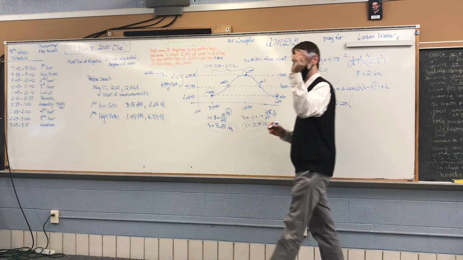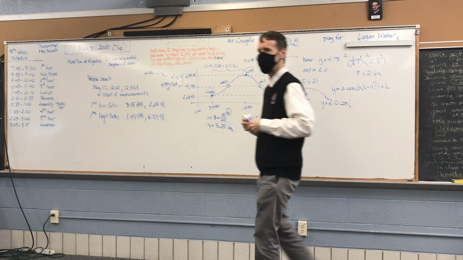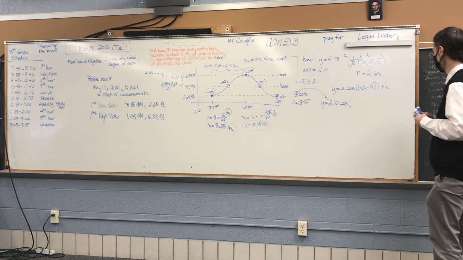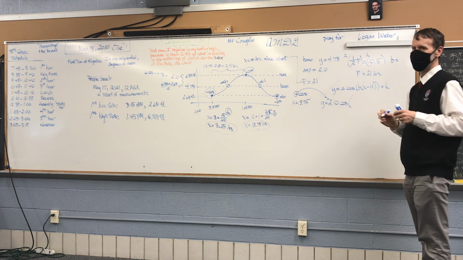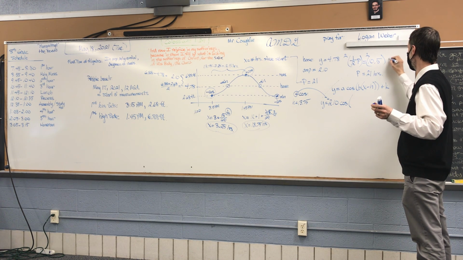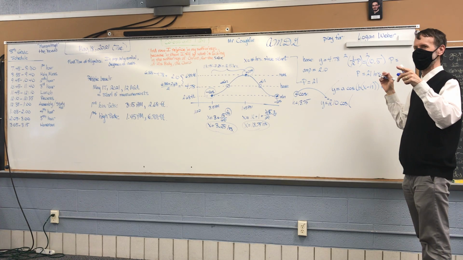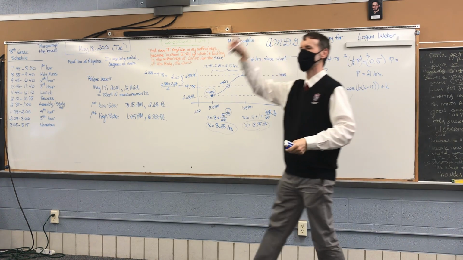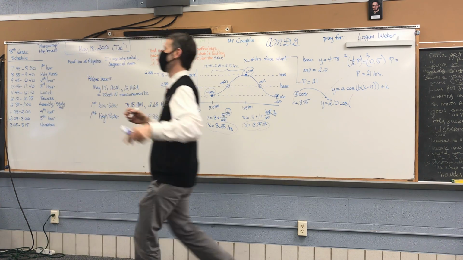One more question for you, then I'll bounce to somebody else. How do you find B? There's a formula for it. Okay, actually the backwards one. How do you find period? What's the normal period? Okay, so one complete cycle is once around the circle, 2 pi.